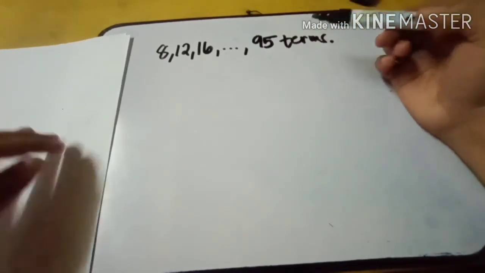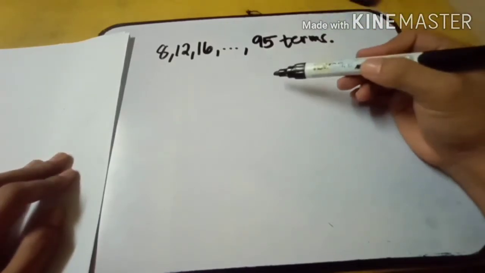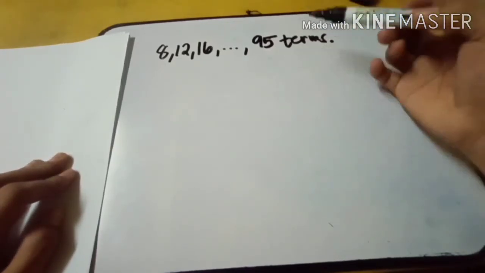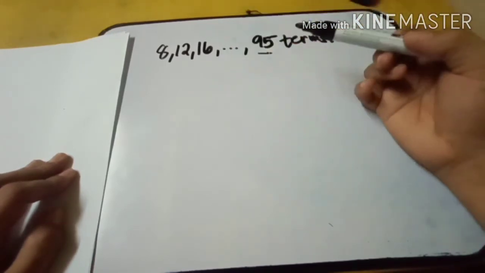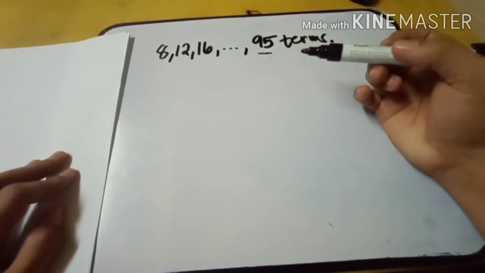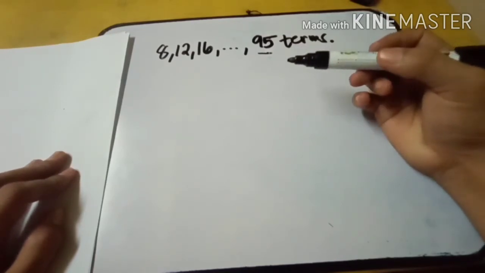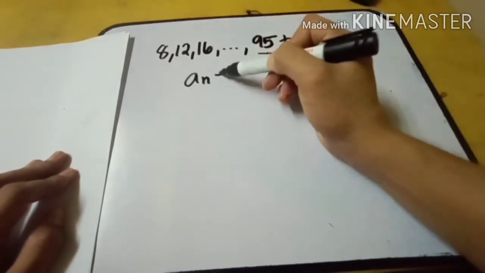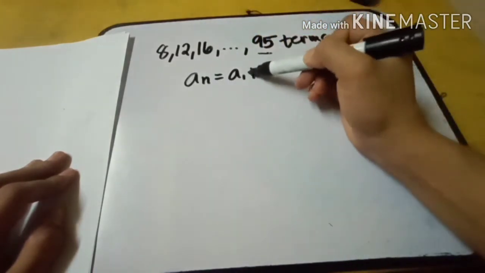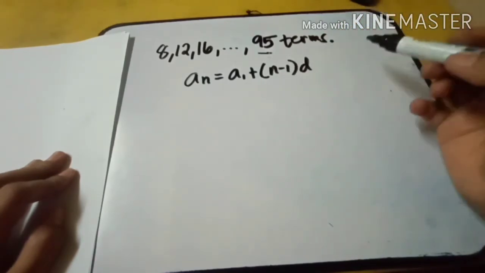From this given example of an arithmetic sequence, we have to find the value of the 95th term. Again, in order to find it, we have to follow the general formula of an arithmetic sequence, which is a sub n is equal to a sub 1 plus the quantity of n minus 1 times d.